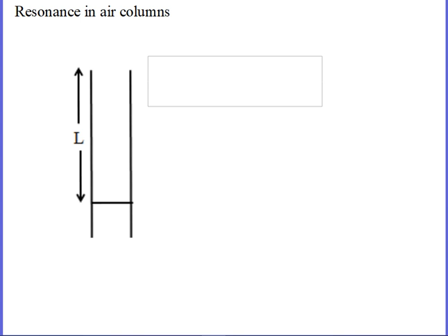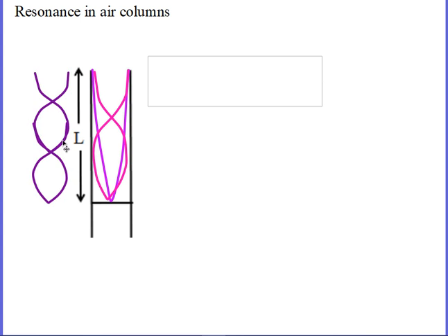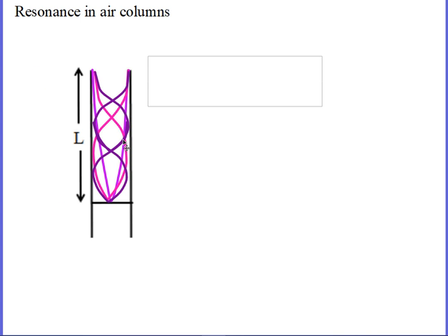Okay, we are going to do a lab where we're going to hold a tuning fork up above this tube, and we're going to get resonance. We're going to get an antinode at this open end and a node at the bottom end. And you might think that we would also get this form of resonance and this form of resonance in the tube, but we will not.